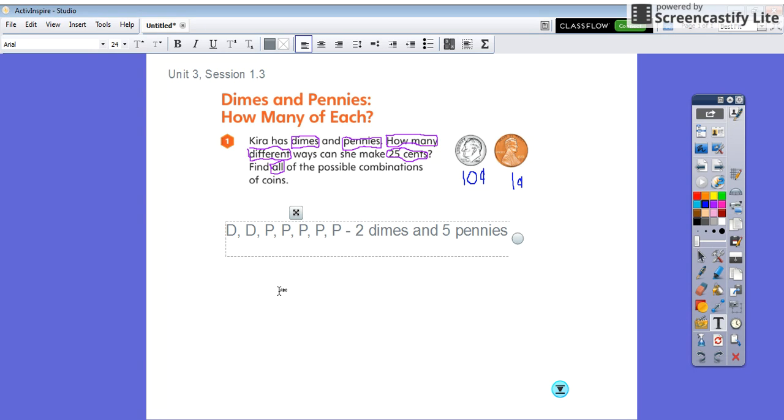Now I'm going to go backwards. What if she only had 1 dime, which would be 10 cents? And I'm going to count on with pennies. That's dime is 10, 11, 12, 13, 14, 15, 16, 17, 18, 19, 20, 21, 22, 23, 24, 25.